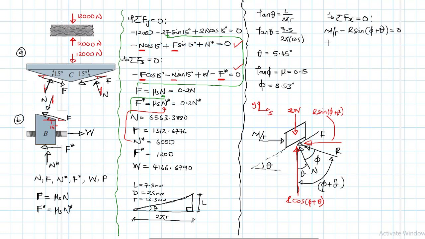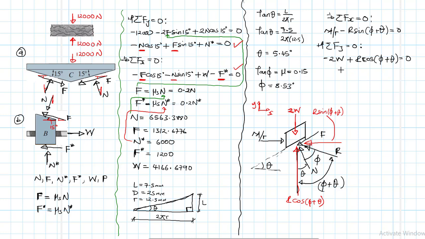Then summation of forces in the y equal to 0: we have minus 2W, plus R cos of phi plus theta equal to 0.